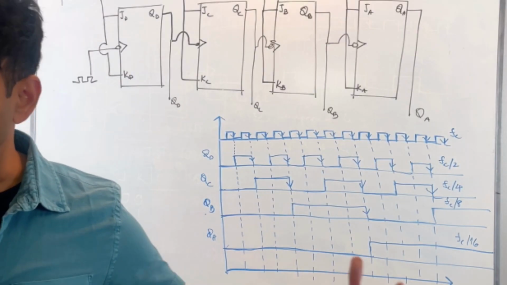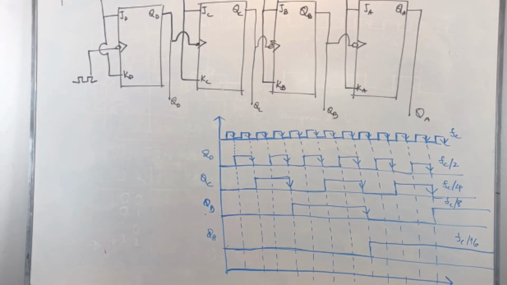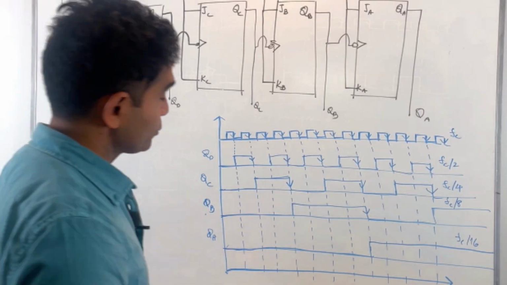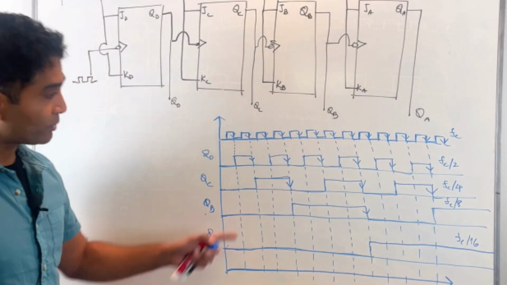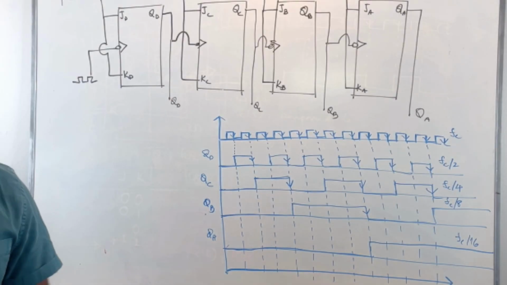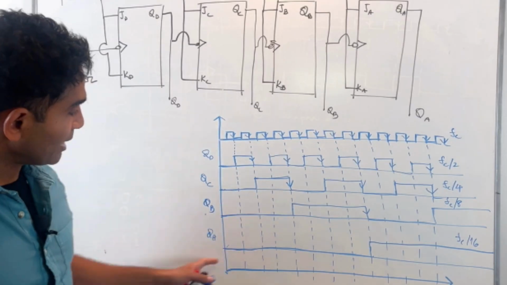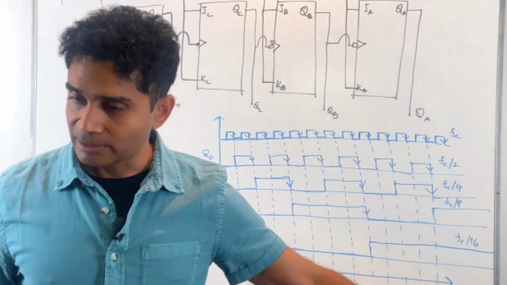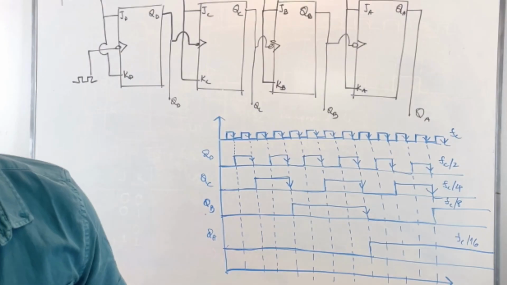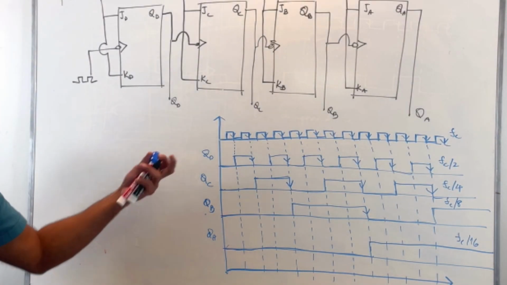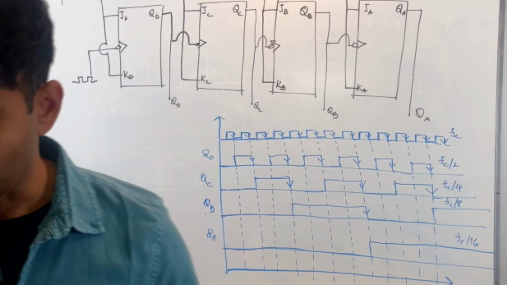So I can use this to generate timing signals of set time durations. Not only that, you can also use this for frequency division. As you can see, with every subsequent stage, I am dividing the frequency by a factor of 2, right? So you can use this for frequency division as well.